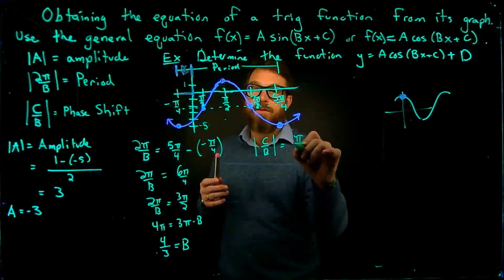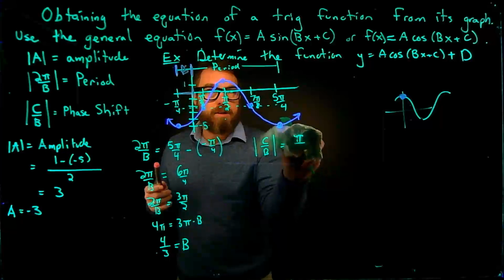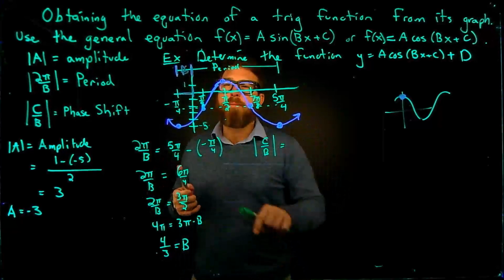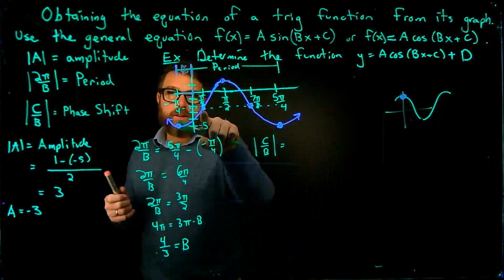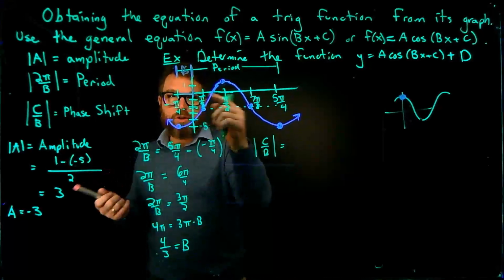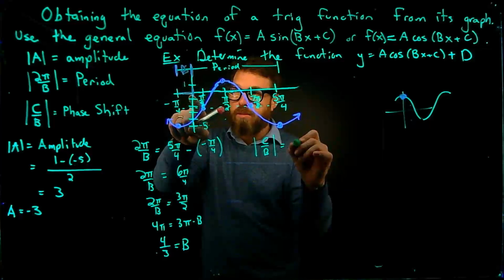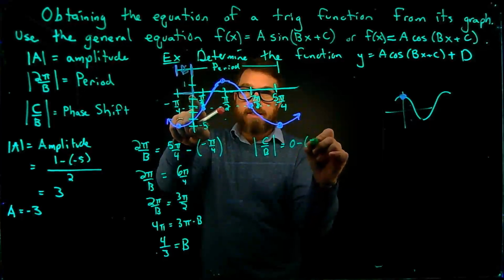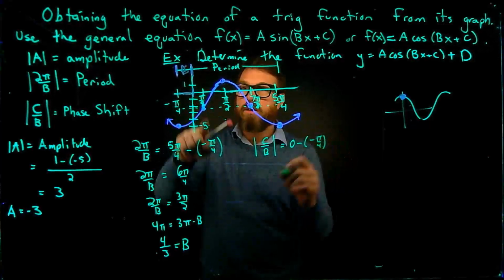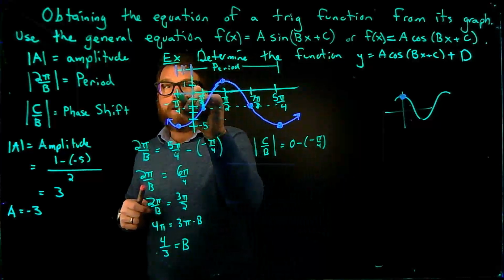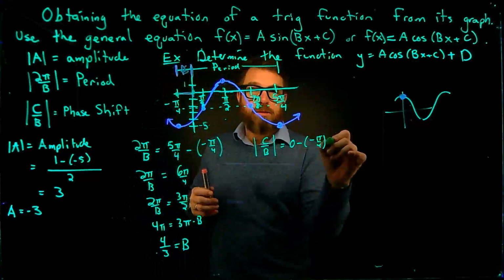The reason why it's pi over 4 is because, let's actually talk about that, what I had before was the phase shift being a point over here, but that point minus 0 would be itself. So this distance here is that big point, which is 0, minus negative pi over 4, the distance from this dot to this dot. So that's why this is equal to pi over 4.